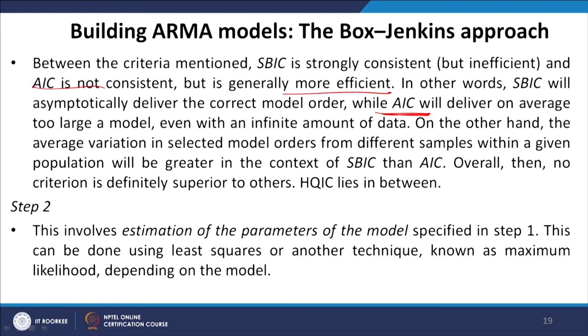So, the variation in the model suggested by AIC is less when we repeatedly draw samples from the same population, while the variation in SBIC would be high. If we are working with a large sample, then it is preferable to go for SBIC. Overall, no criterion is definitely superior to the others; all of them have advantages and disadvantages, and we have compared the two extreme cases, SBIC and AIC. HQIC lies in between.